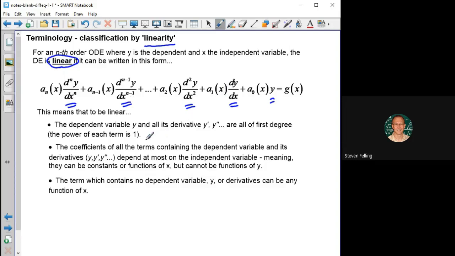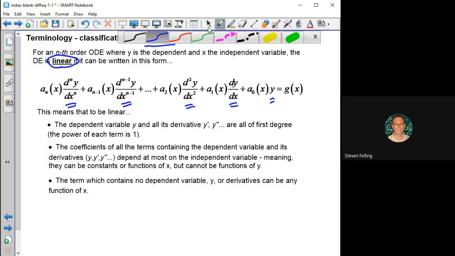But for this to be considered linear, all of those things I just underlined have to be linear. In other words, we can't have any squares or square roots or 1/overs or anything like that. So you can't have y cubed, you can't have 1 over y, right? You can't take the derivative dy dx and then square it or something like that. So linear terms for the dependent variable.